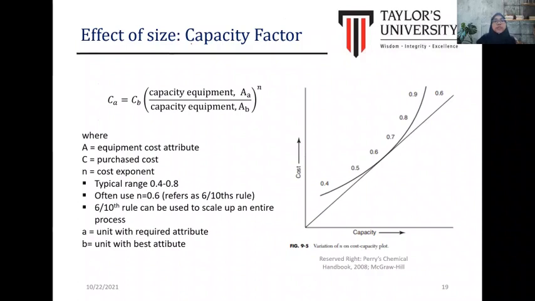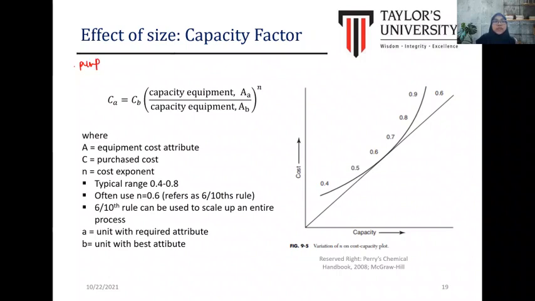First we proceed to the size effect, also known as the capacity factor. For example, CA is the cost for the desired equipment or the existing project. CB is from the previous project. For example, the equipment used is the pump.